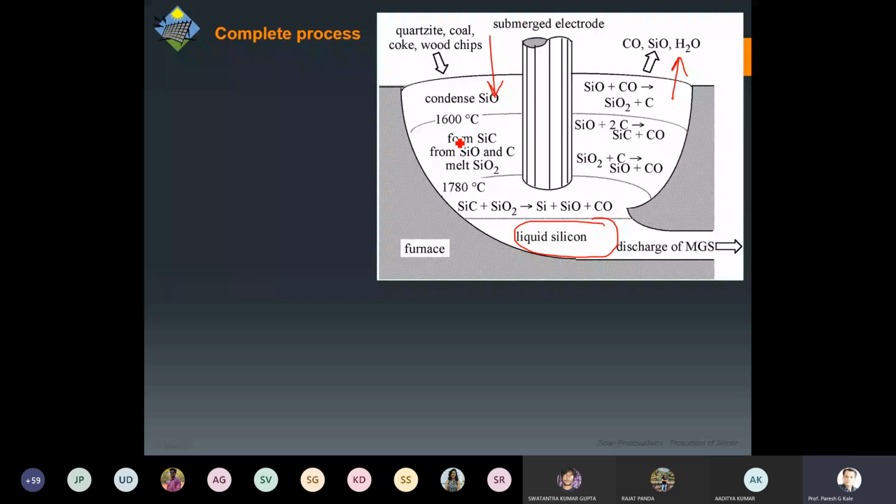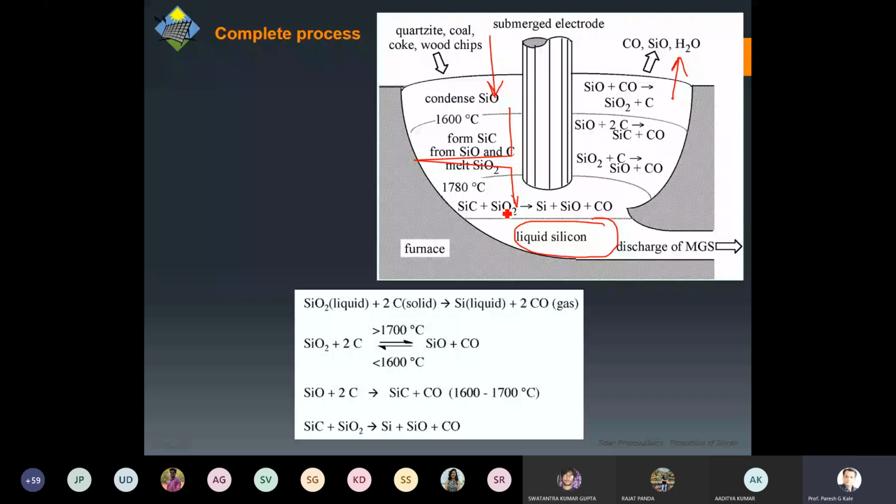And of course, this process is in different zones depending upon the temperature. At the top it is somewhere around 1600, and at the bottom it will be around 1800 degrees Celsius. So these are the four-step reactions you get, and ultimately you will get silicon which is roughly 98% pure, which we call MGS.